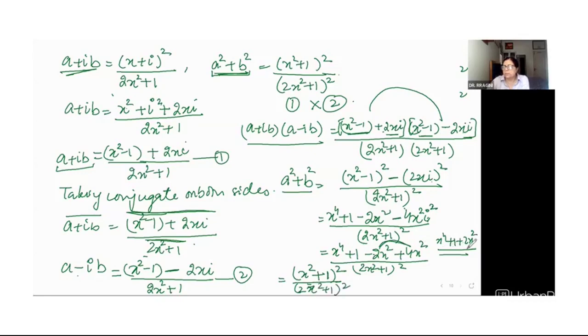This is a square plus b square plus 2ab. Again, see, the terms are same. The only thing is it was minus 2x square. Now by adding this, you have got plus 2x square. We can again make it a bracket, so a plus b whole square. And in denominator, we already had this. So you can check, you have got the same answer. A square plus b square is equal to this value. Hence, proved.